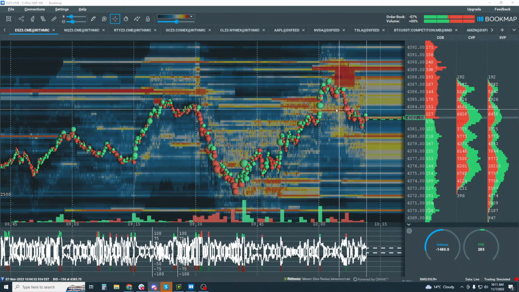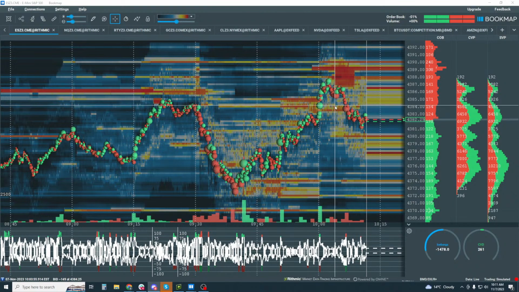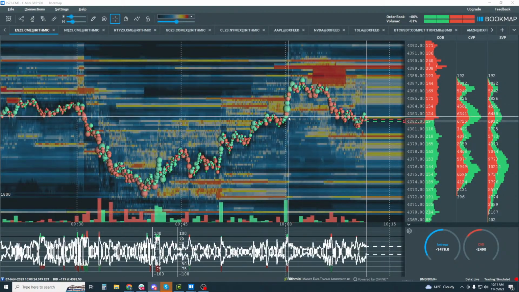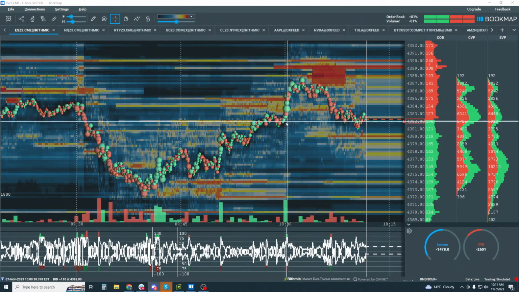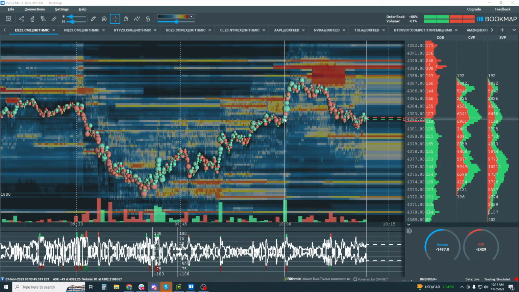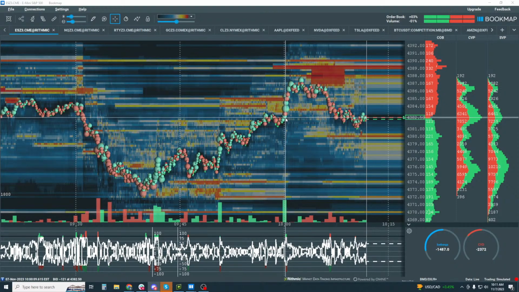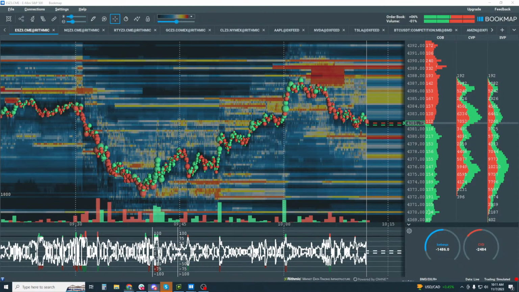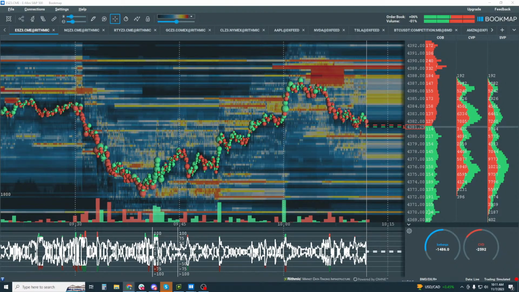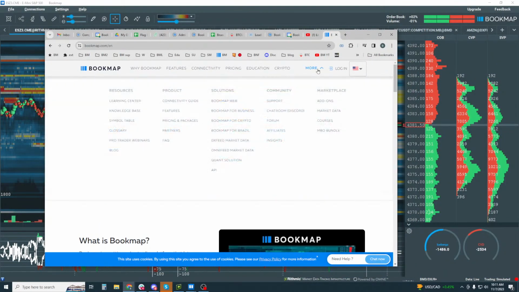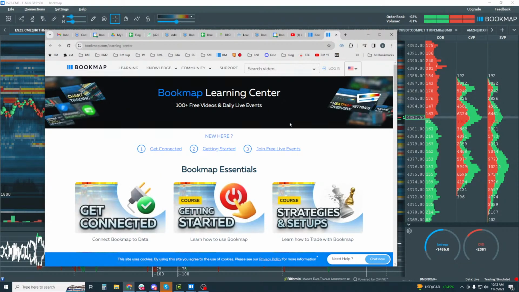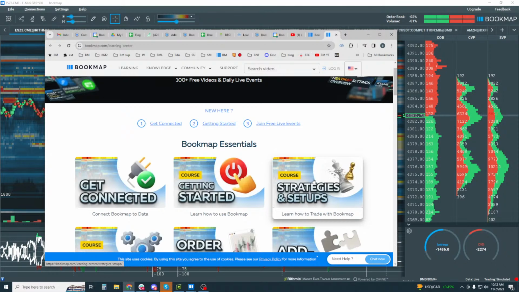Okay, so Rob, I had suggested to you, for your spreadsheets for the Bookmap Junior Academy, to just focus and identify strong moves. Okay, so let me show you what I mean in here. We'll go to bookmap.com, click on the more button here, and then go to the Learning Center. In the Learning Center, we have this new course in strategies and setups, and just click on that.